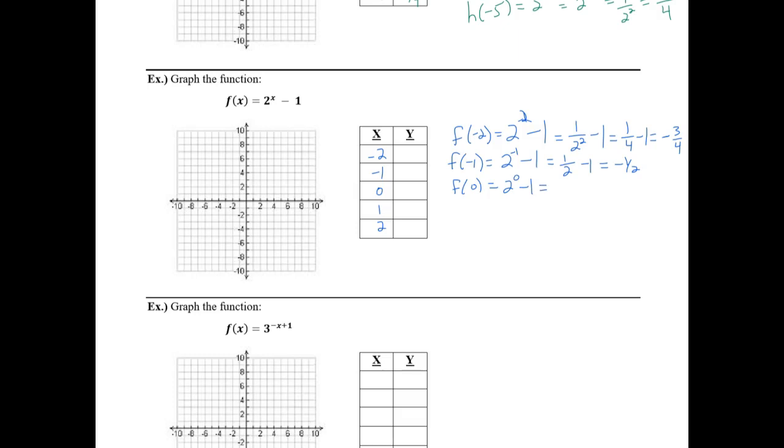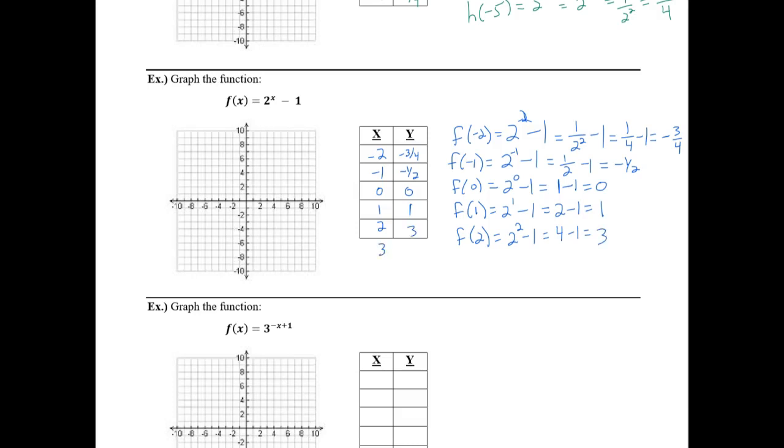Anything to the 0 power is 1, and 1 minus 1 will be 0. Now f of 1, 2 to the first power is just 2, and 2 minus 1 is 1. And f of 2, so 2 squared minus 1. 2 squared is 4, and 4 minus 1 is 3.